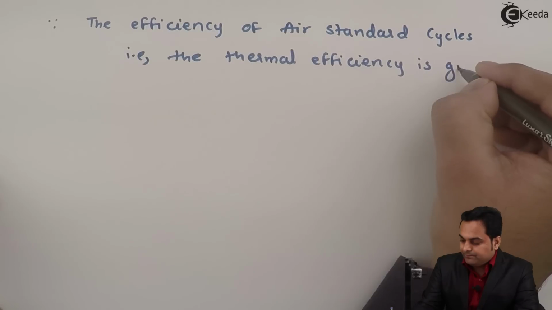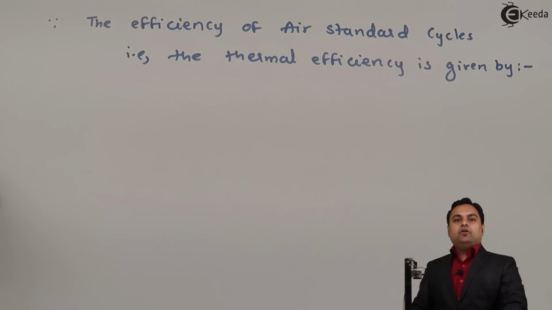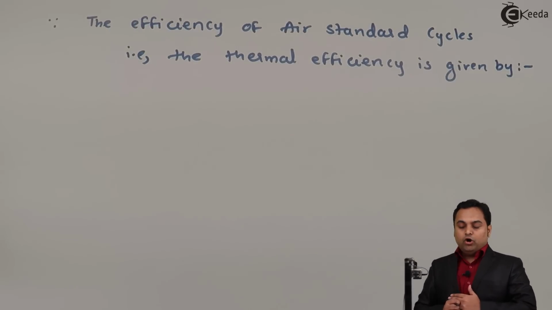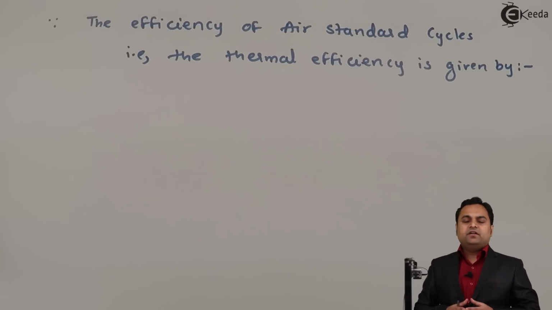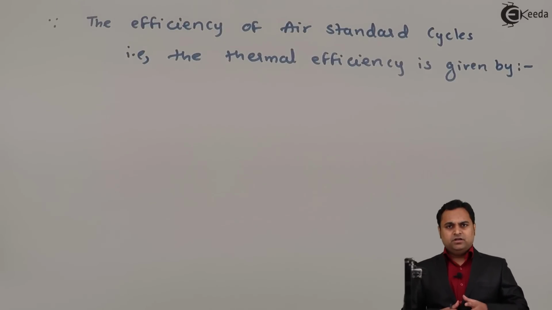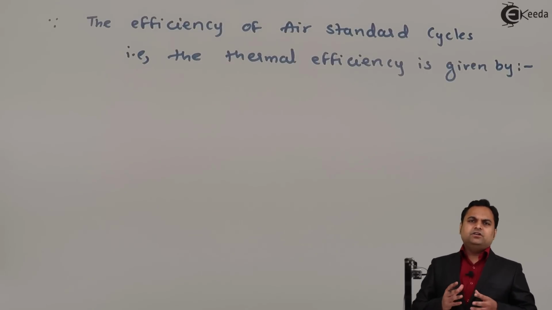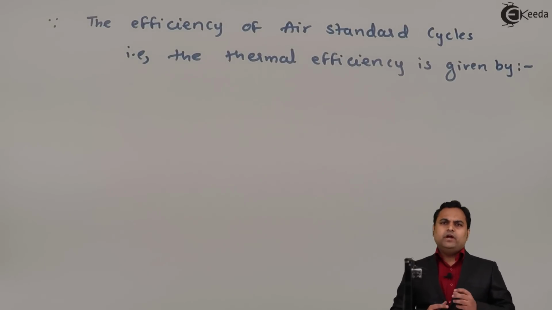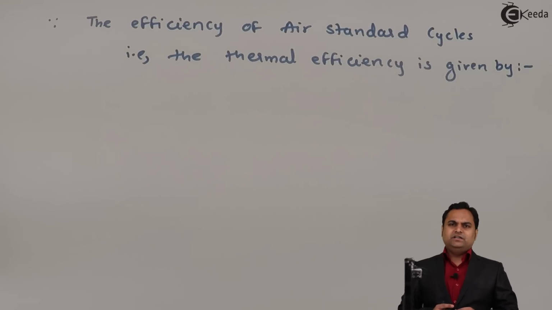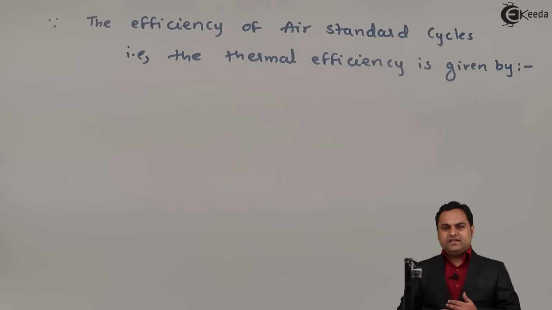Now the general formula for thermal efficiency of air standard cycles, see Otto, diesel, dual, these are considered as air standard cycles because they use air as the working medium, and here we are neglecting the amount of fuel because compared to air the fuel quantity is quite less, so we are calling these cycles as air standard cycles.